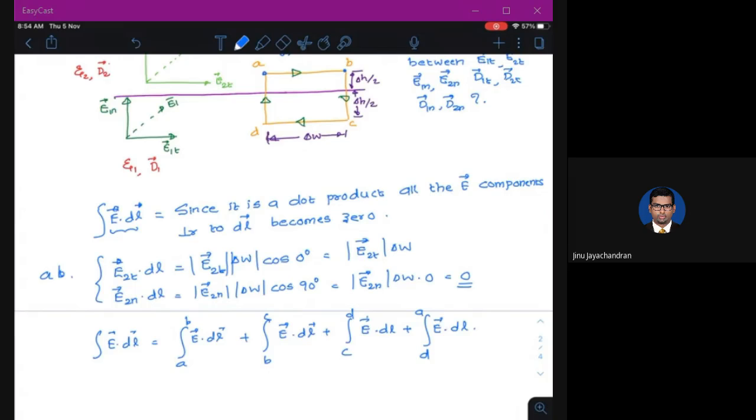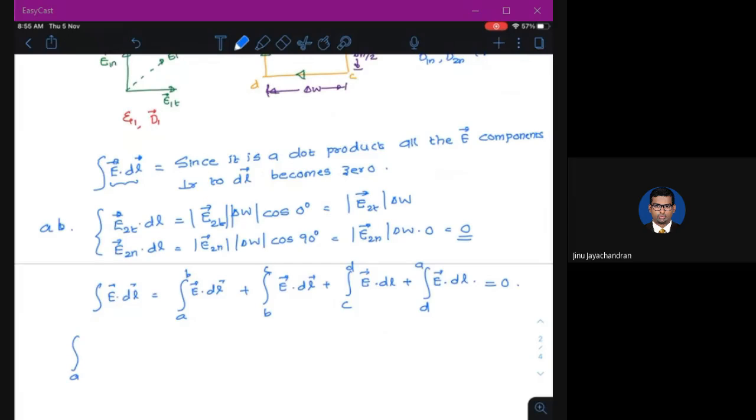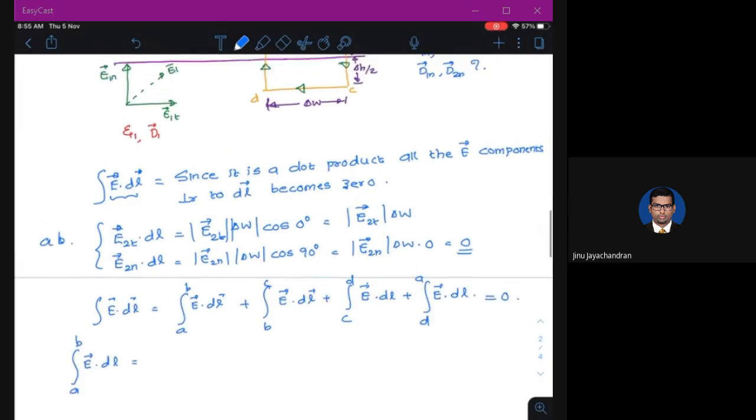And this is a closed loop integration or closed path integration. So this value should be 0. That we have already proved at the starting of this lecture.